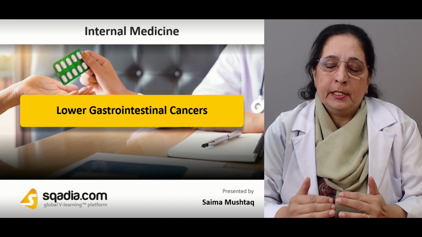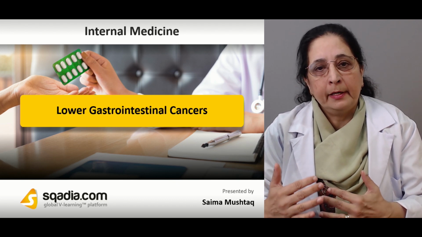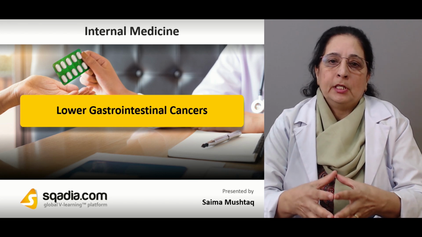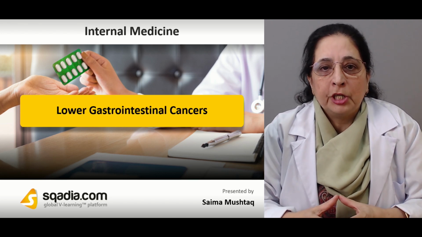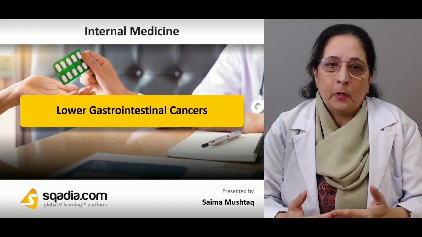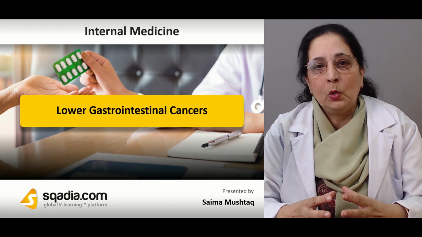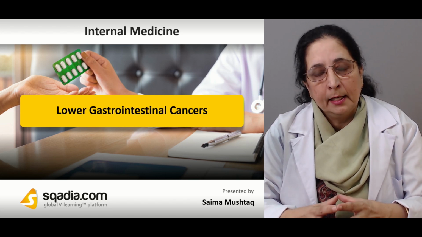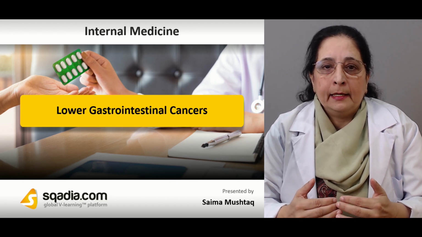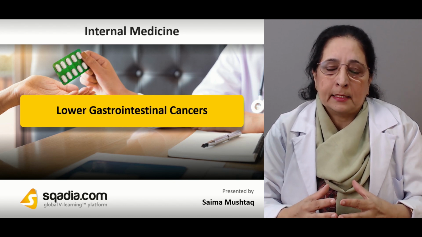Upper GIT, if you remember, was the esophagus, then we have the stomach and small intestine, which is duodenum, jejunum and ileum. And today we will talk about the lower gastrointestinal tract, which will cover the colon or large intestine. Then we have the rectum and the anus from where the fecal matter passes.